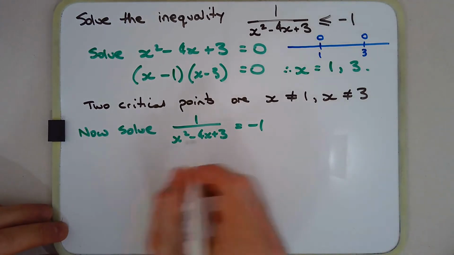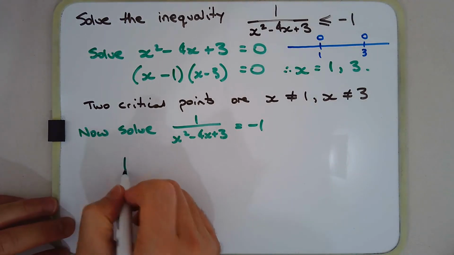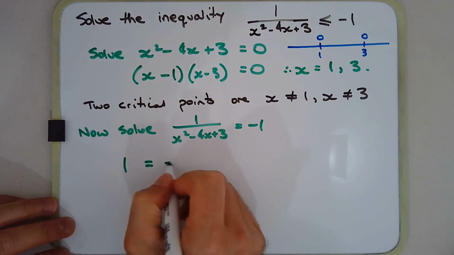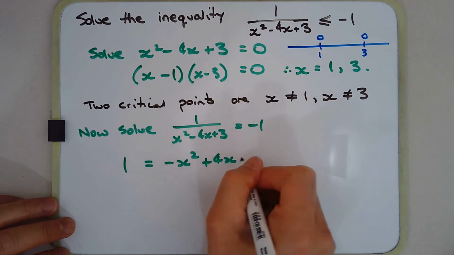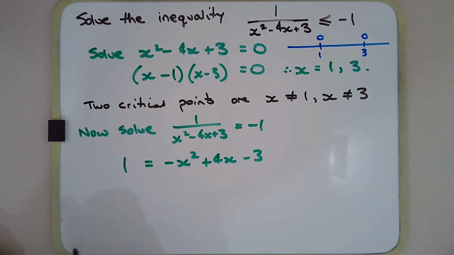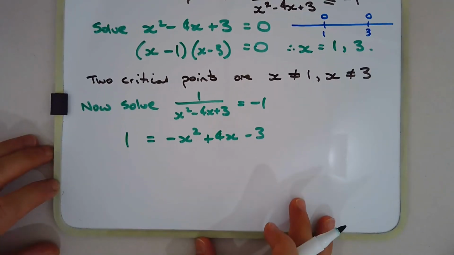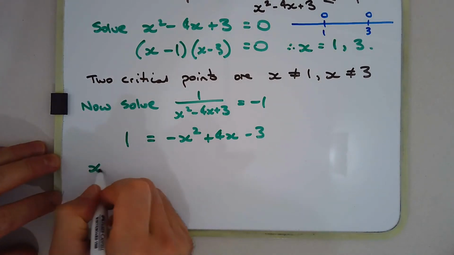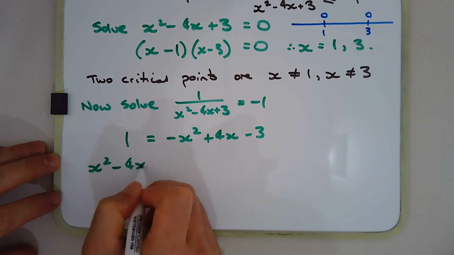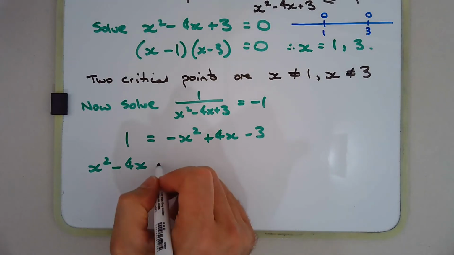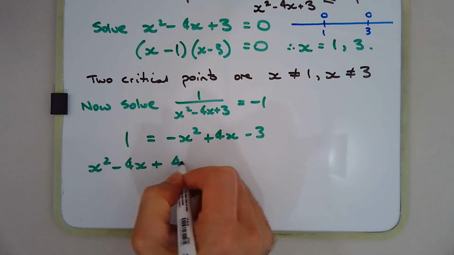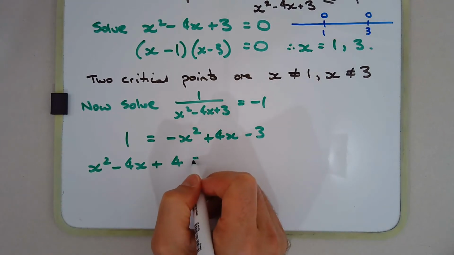Multiply both sides by the denominator, so we get 1 equals negative x squared plus 4x minus 3. And if we move everything over to the other side, we have x squared minus 4x plus 4 equals 0.